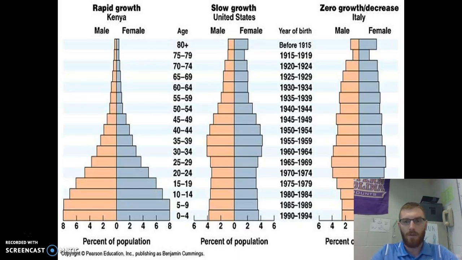And then zero growth or a decrease in population is for a country such as Italy, where you see in the middle here, it has a larger number of individuals versus how many are being born. Let me move my screen here out of the way, and you can kind of see that area. I'll move it back down here. You will see these figures.